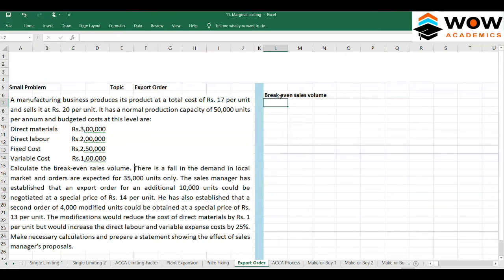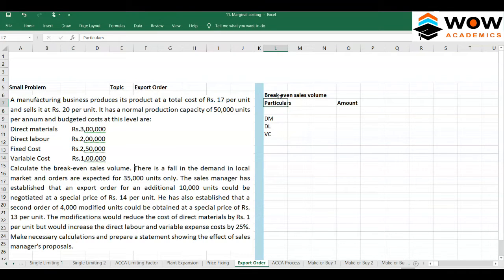So to find this, we have to work out the marginal costing statement. So it's going to be direct material, direct labor, variable cost. So they're asking for sales volume.